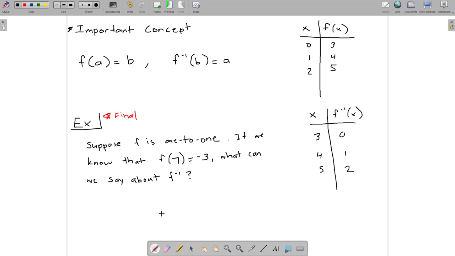Well, we know pretty much exactly two things. Because f is 1 to 1, we know that f inverse exists, first of all. And using this information that we just learned, we also know that f inverse of negative 3 has to be 7.